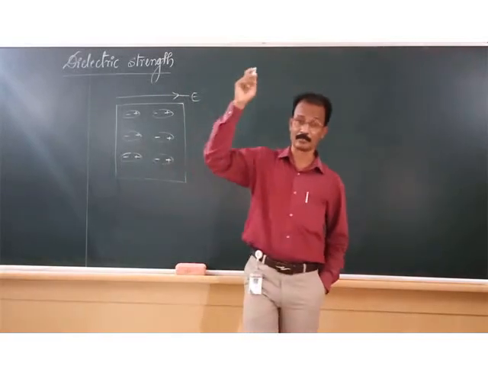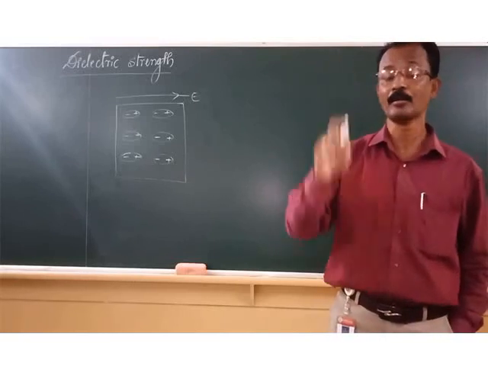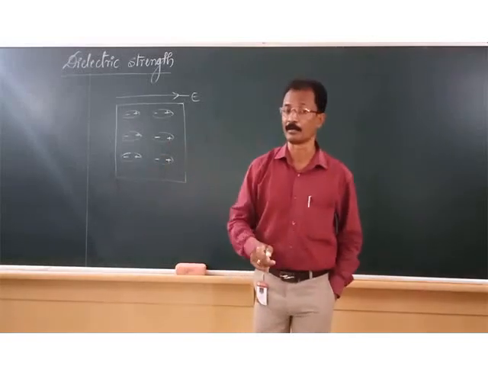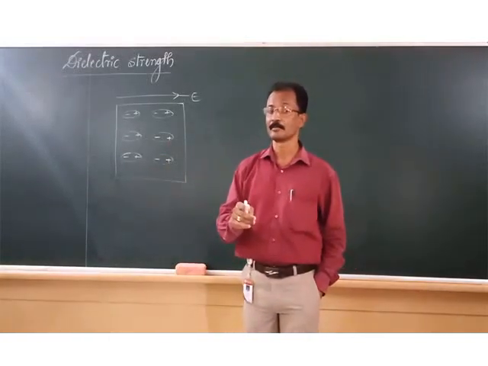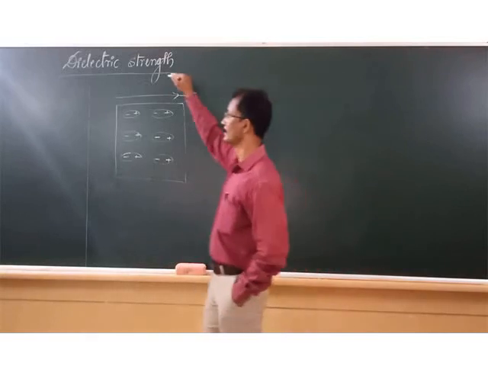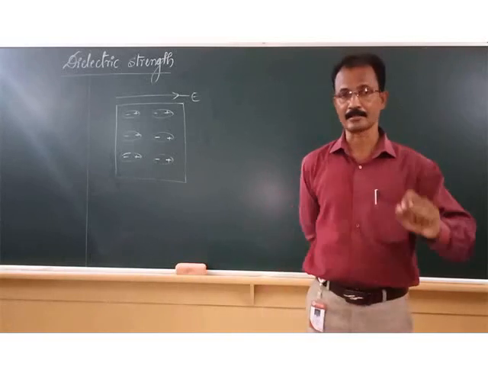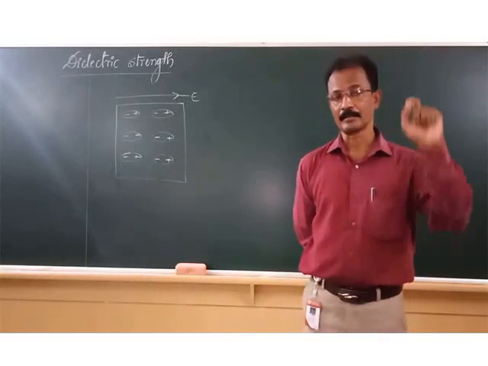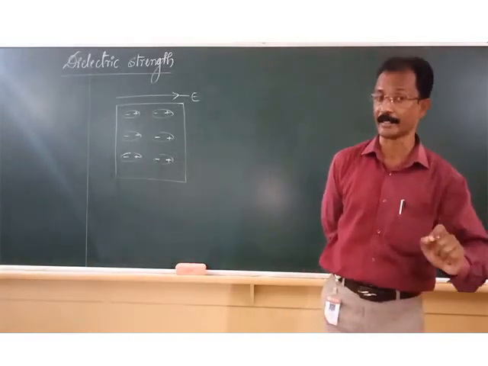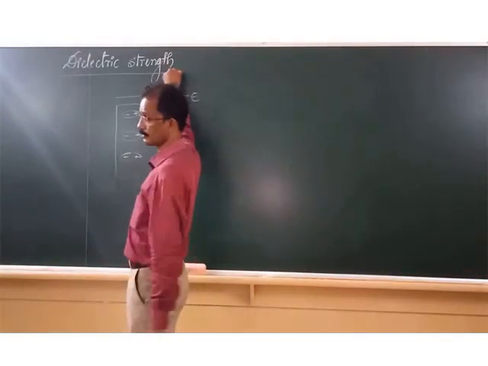So whatever maximum electric field we apply to the dielectric, the dielectric must tolerate it without breakdown, that is, without losing its dielectric property. Without breakdown means without losing its dielectric property. The maximum value of the external electric field the dielectric can tolerate without breakdown is called the dielectric strength.